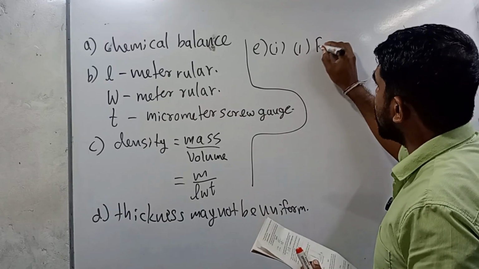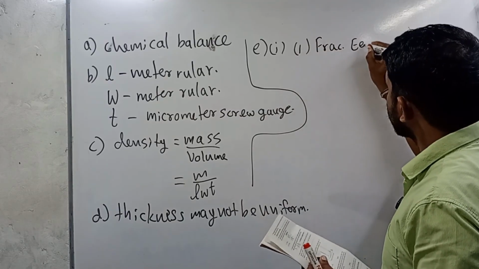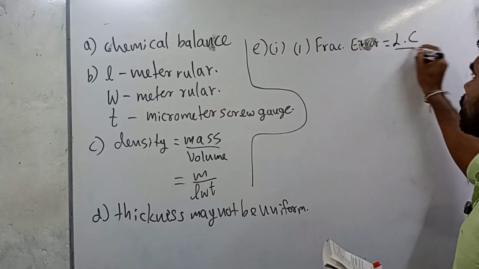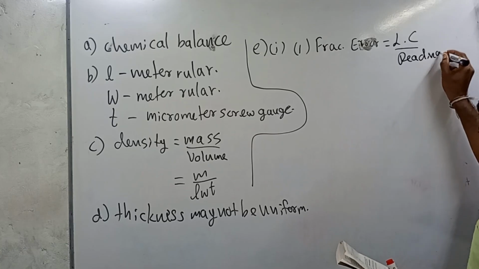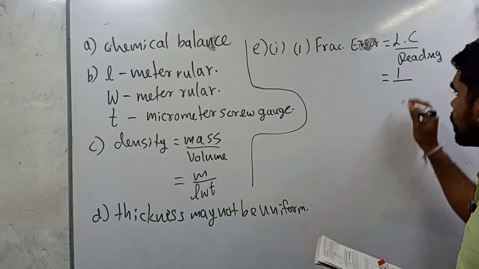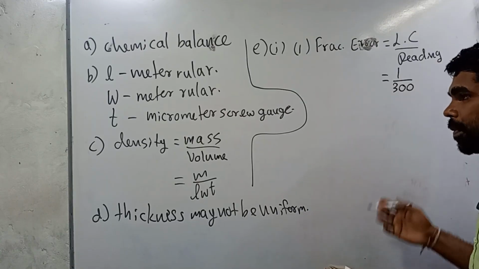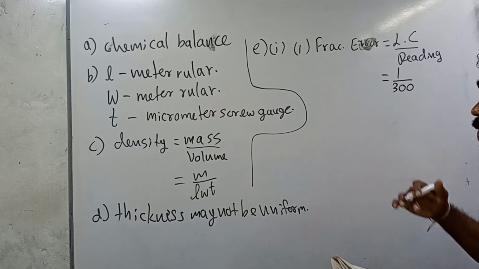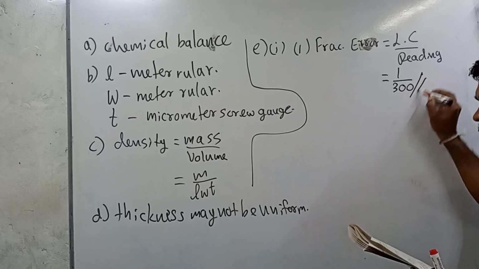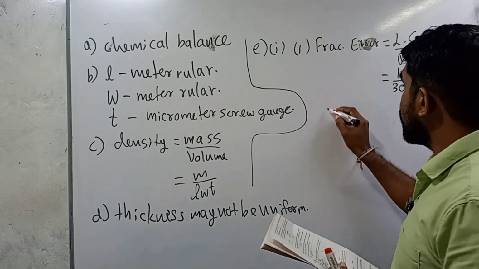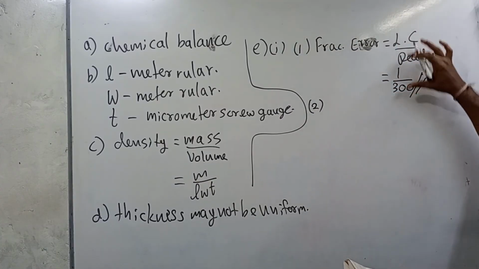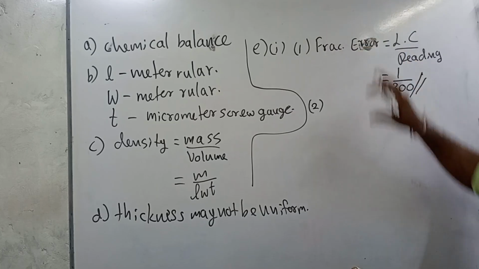Then fractional error is least count divided by reading. Least count is 1 millimeter. Reading is 30 centimeters, and we have to write it in millimeters because the least count is in millimeters. So it is 1 over 300.